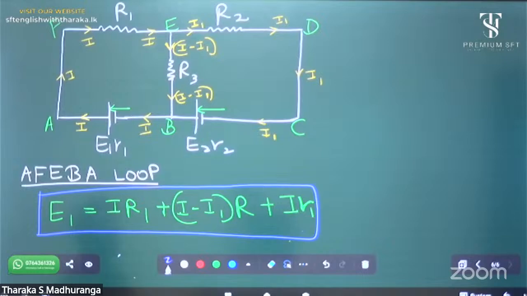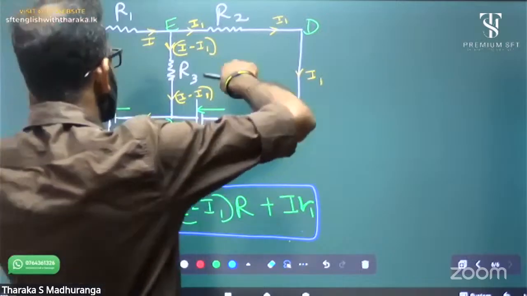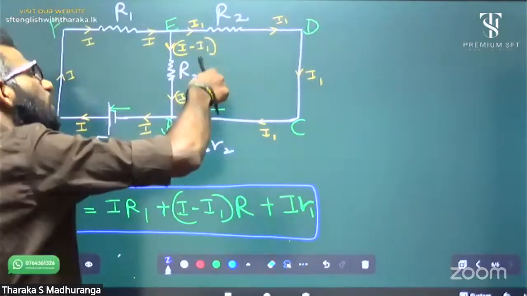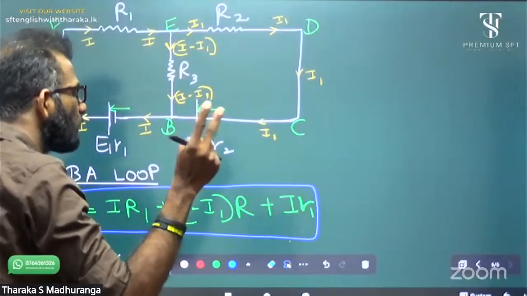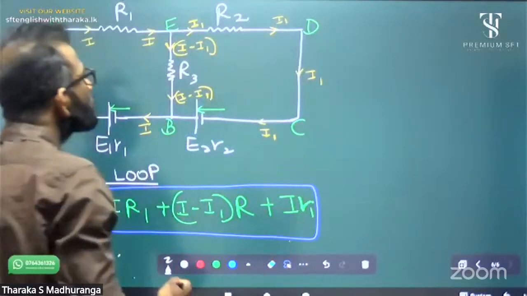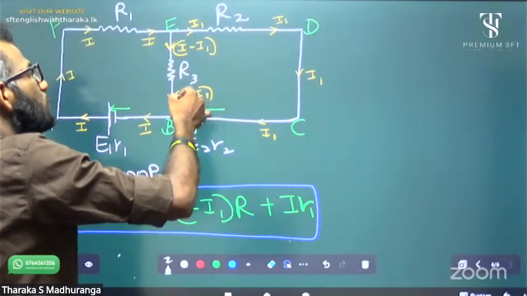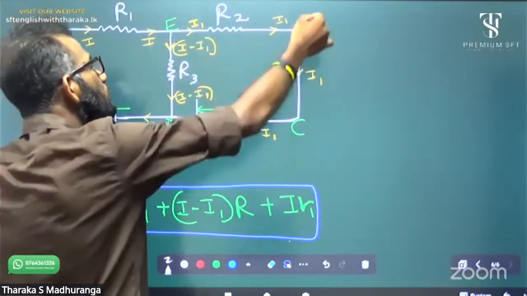Okay. I told you, for this type of complex circuit with more than one complete loop, you have to apply Kirchhoff's law at least twice. Now I have two options for the second loop.